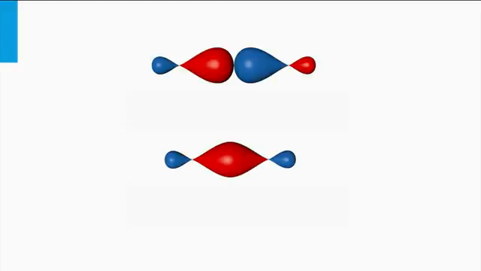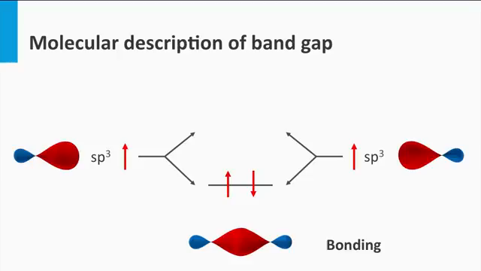Here again, the Pauli exclusion principle starts to play a role. 2 identical electrons cannot occupy the same quantum state simultaneously. Nature splits the original sp3 energy levels up into 2 energy levels. The lowest energy level is the bonding level and is lower in energy than the original 2 individual sp3 levels.